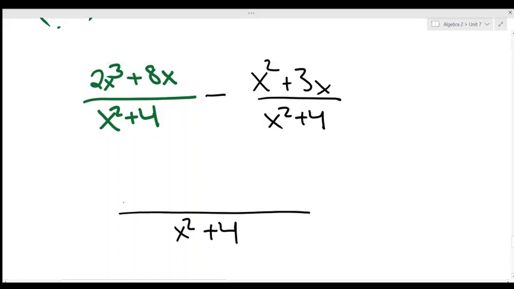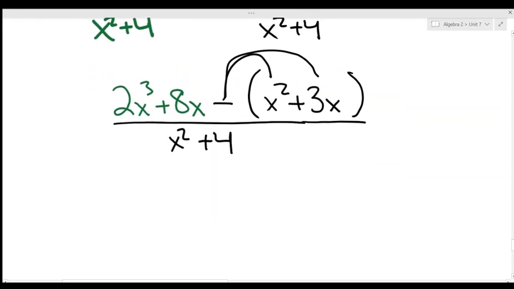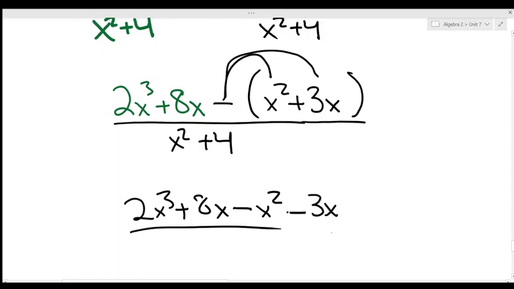Then we have 2x to the third plus 8x minus, and then put in parentheses your back terms, x squared plus 3x. So when I distribute that minus to both terms, it flips all of the signs. So we have 2x to the third plus 8x minus x squared minus 3x, all over x squared plus 4.